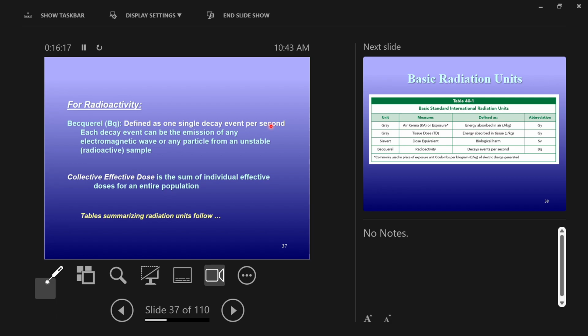If it's spitting out 2 particles per second, then its radioactivity is 2 becquerels. A becquerel is a decay event every second. Each decay event can either be the emission of an electromagnetic wave. What were the electromagnetic waves called when they came from radioactive atoms? Not X-rays.